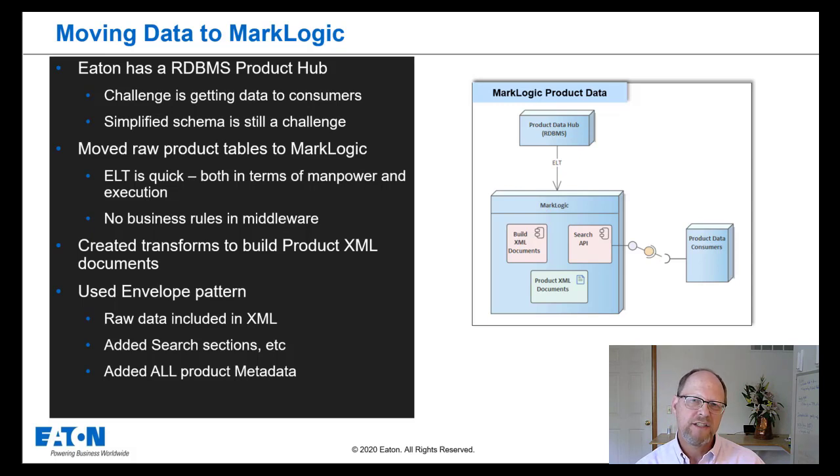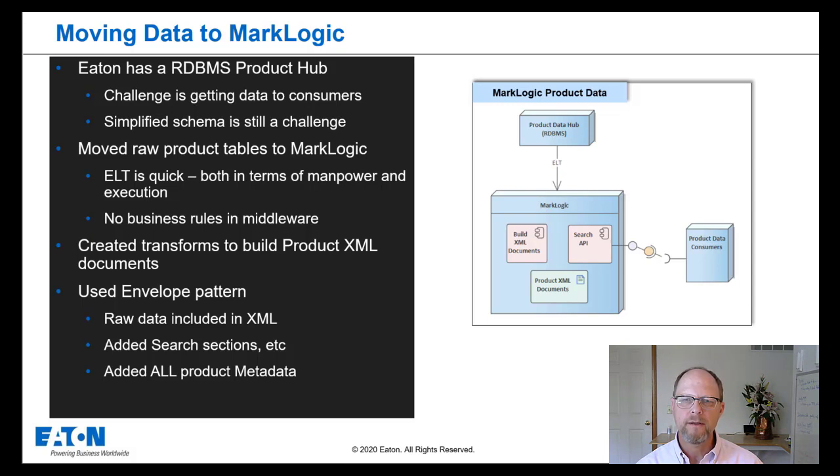And it still isn't satisfactory at all. It still has the weaknesses that the more complicated schema has. So based on that, we decided, let's move this data into MarkLogic.